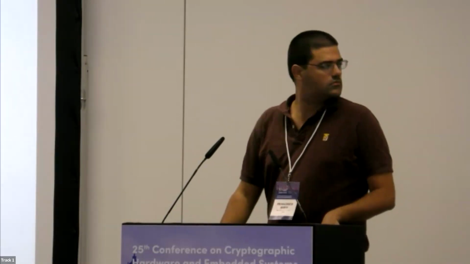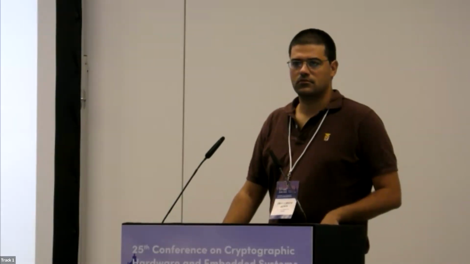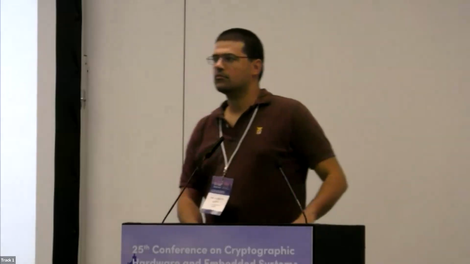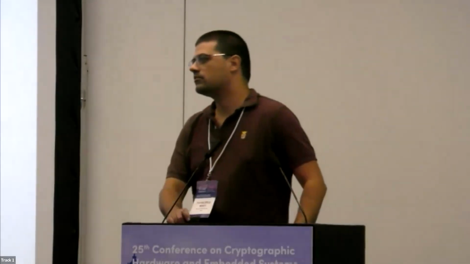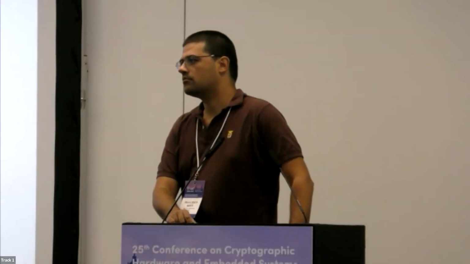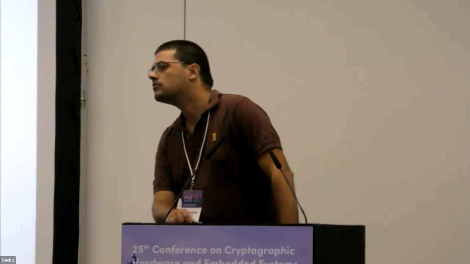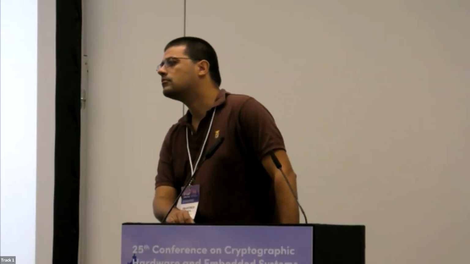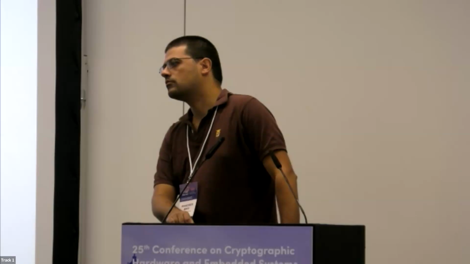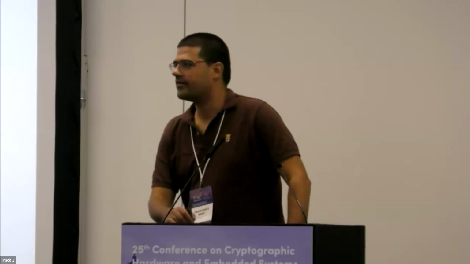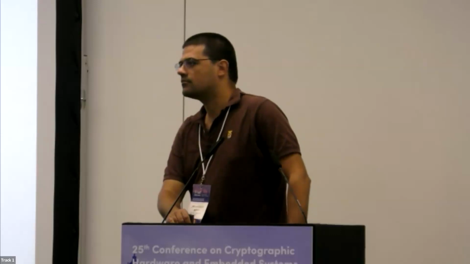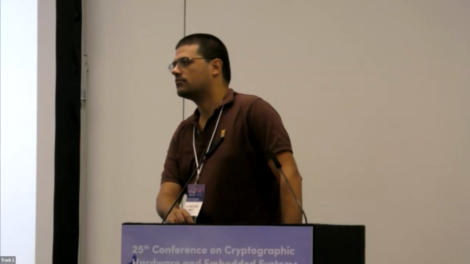I saw another hand over there. Thank you for the talk. So the random probing model can be connected to the noisy leakage model. I think in the last line of your slide, you said that ISW is secure for 1 over square root of n, and before it was secure for 1 over n.